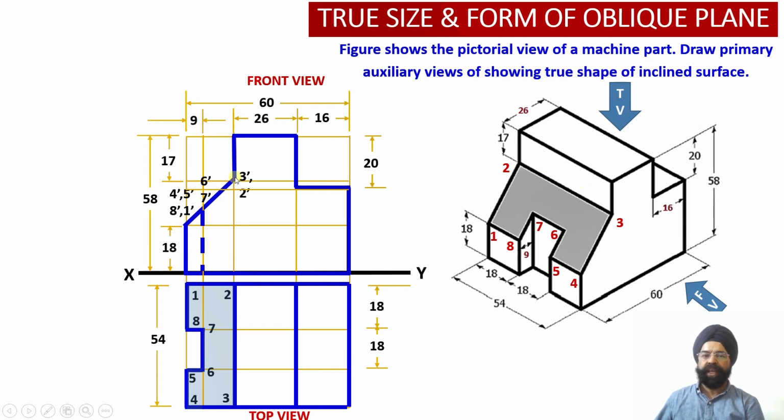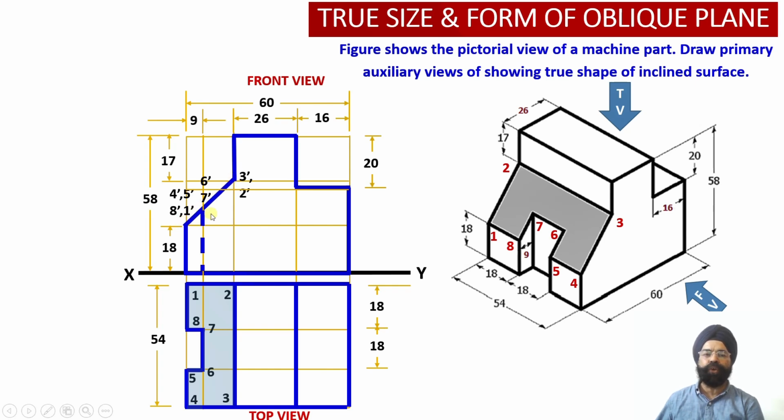Point 6 dash and 7 dash have been located over here. And the remaining 4 points, 4 dash, 5 dash, 8 dash and 1 dash, have been located onto the edge view. Now all these 8 points have been located onto the edge view of this particular projection.